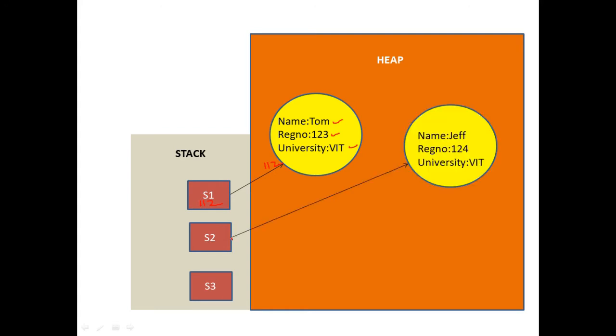Likewise, for S2, there is a separate address. Say if this address is 113, what will be the value of S2? It's 113, and it is pointing to a location on the heap where it is holding the data for the second student. Likewise, S3, if this is 114, is the address location where this object is, and the data for that particular student is stored here, and S3 will be holding 114.